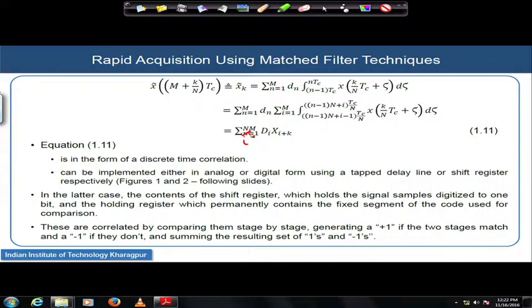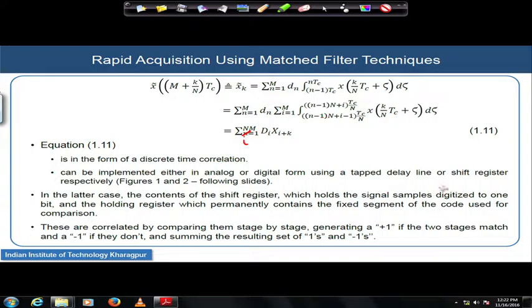So, what does it mean? It means that, first of all, look at this architecture. This architecture has already brought us down to the subchip level, and this is a discrete time correlation going on. It can be implemented either in the analog domain or in the digital domain, and either through the tap delay line architecture or by the shift register architecture that we will discuss immediately next.